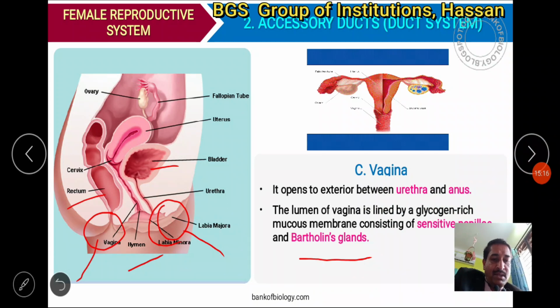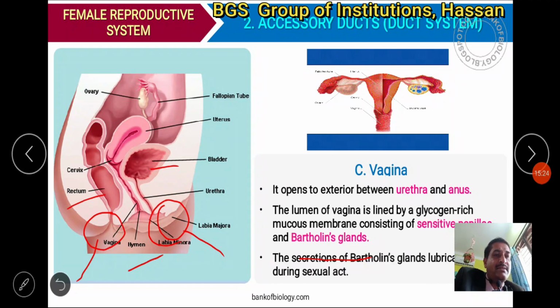They secrete mucus which lubricates the penis during the sexual act. These are the important concepts in the vaginal part.